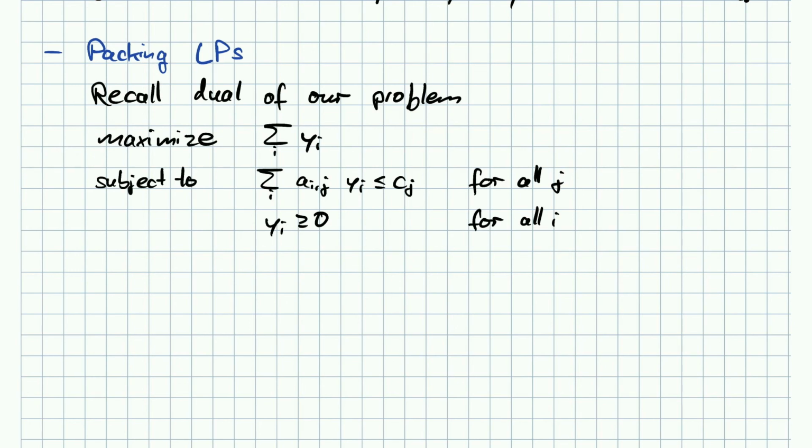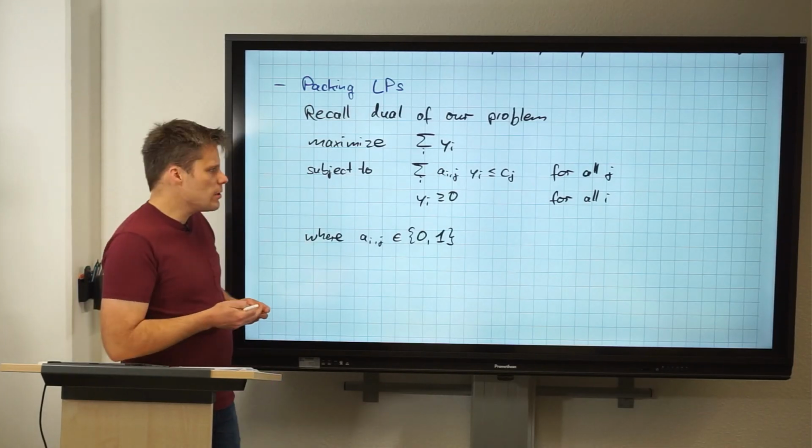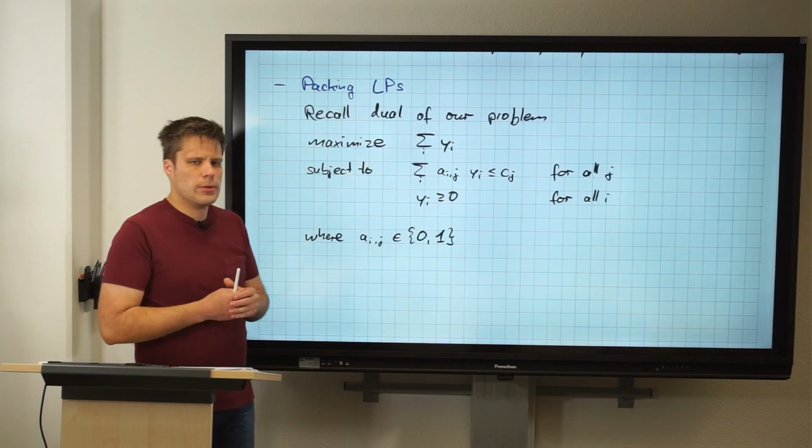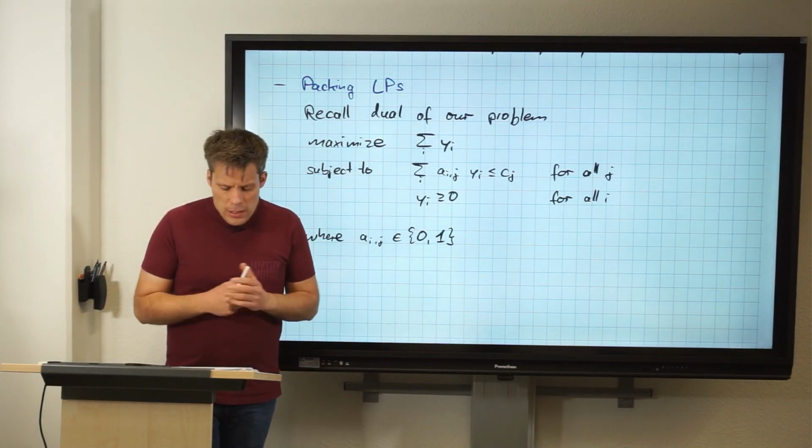And in our problem, we had that these aij are either 0 or 1. This is maybe having changed the notation a bit, but this is generally what the dual of the set cover LP looks like.